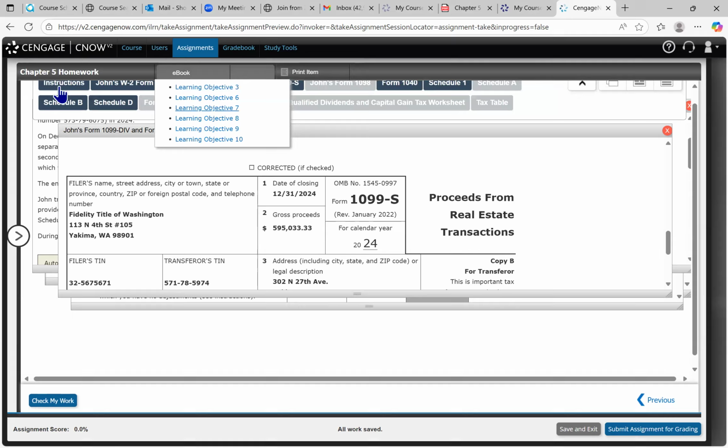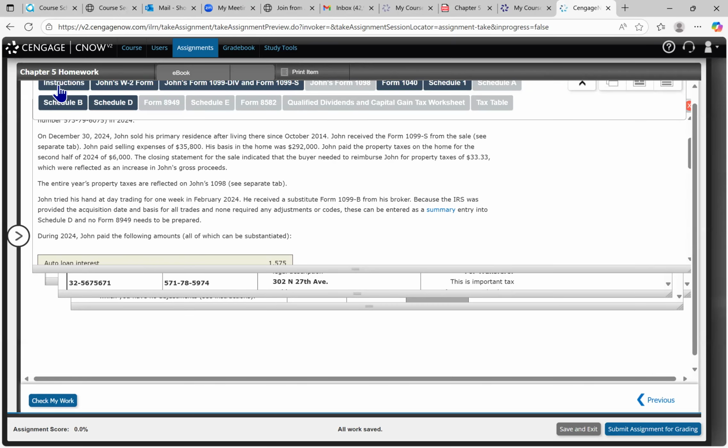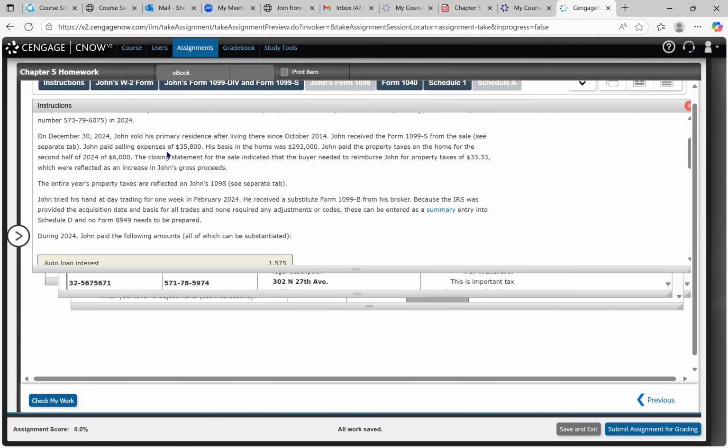It also told us in the instructions that he had selling expenses of $35,800 and that his basis in the home was $292,000.